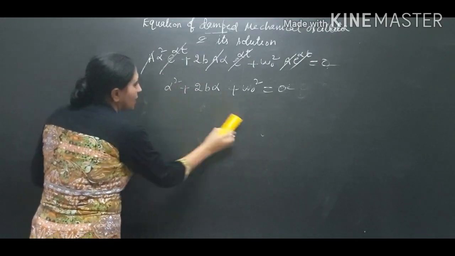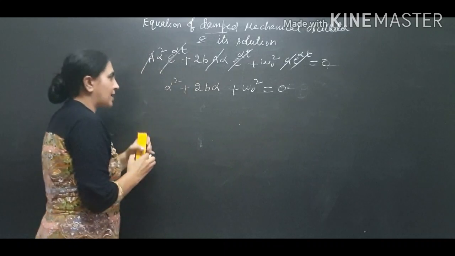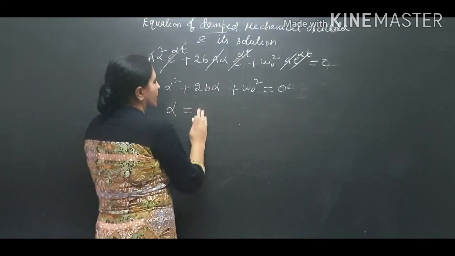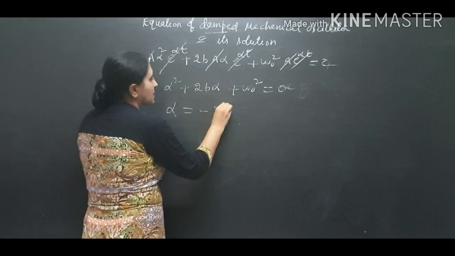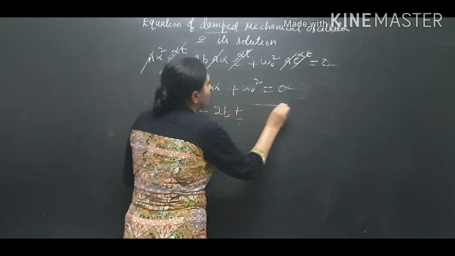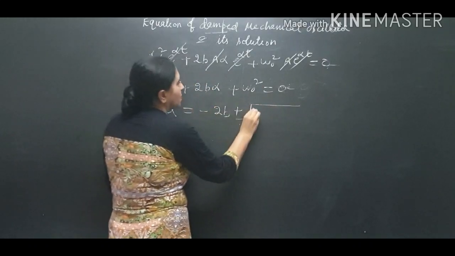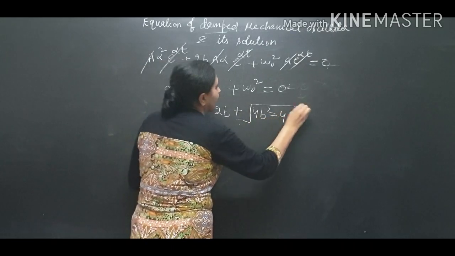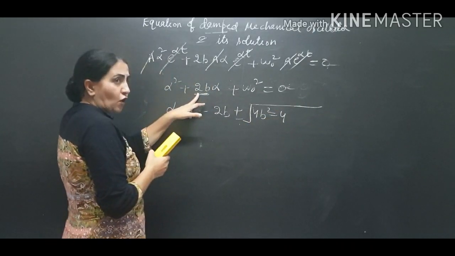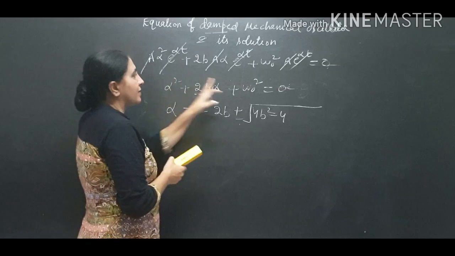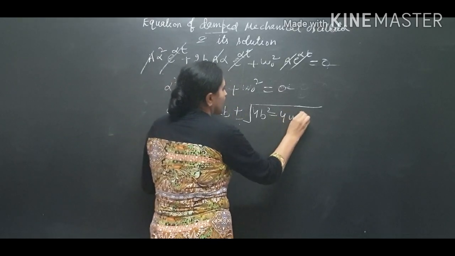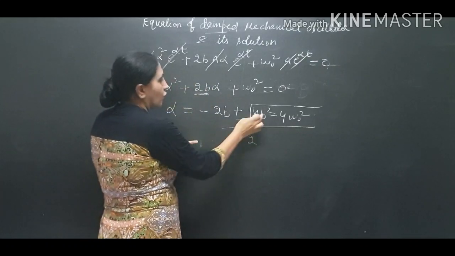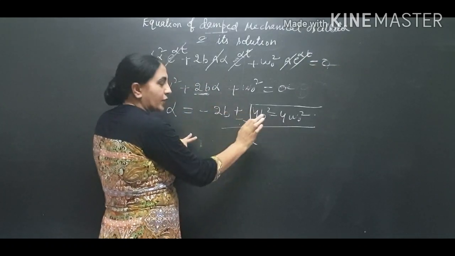So this is a quadratic equation in alpha. Find out the roots. Alpha is equal to minus 2b plus minus the square root of 4b square minus 4 into 1 into omega naught square, divided by 2. The 4 under the root gives 2, and the 2s cancel.